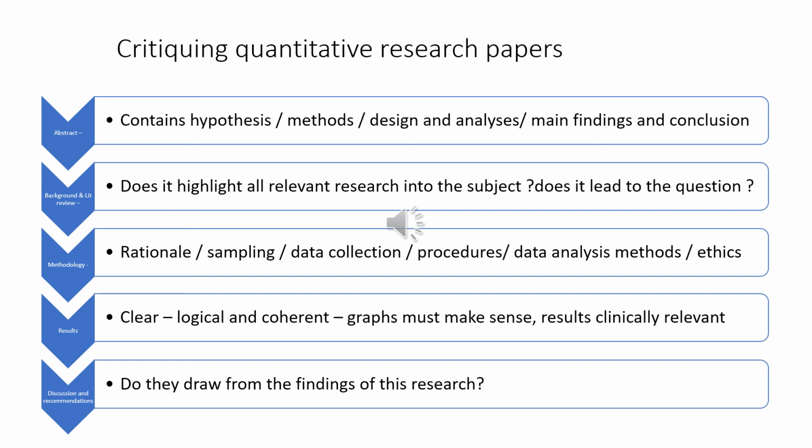Finally, you need to be looking at the discussion and recommendations, and the discussions should really draw from the findings of the research. Many papers go off on a tangent, they go off on a frolic and identify all sorts of different other things. Make sure that those results and discussions are related to the findings from the research study and are backed up with literature from news sources to identify what's going on in the wider research and the wider literature as well.